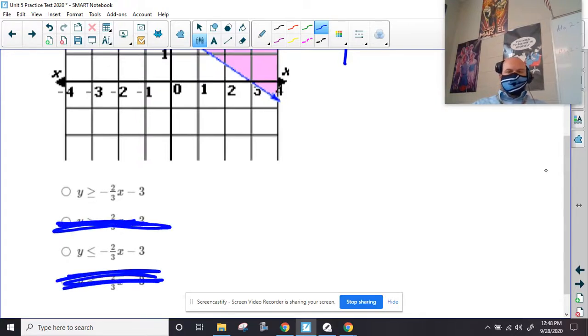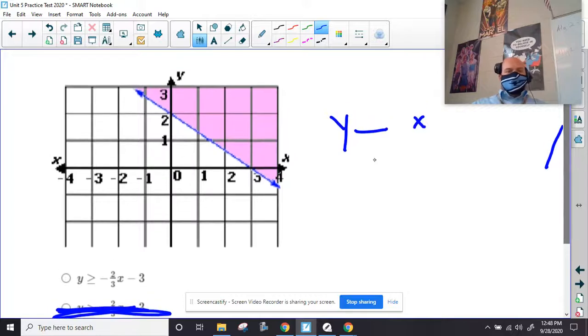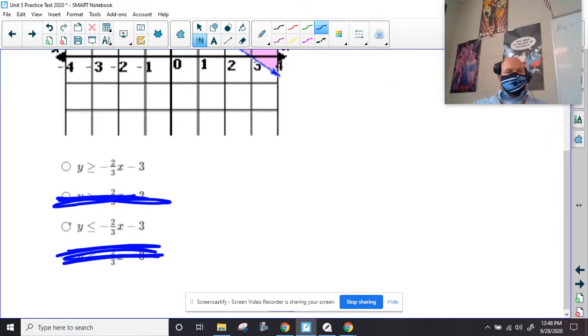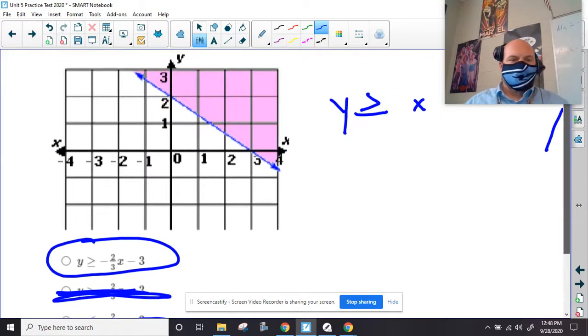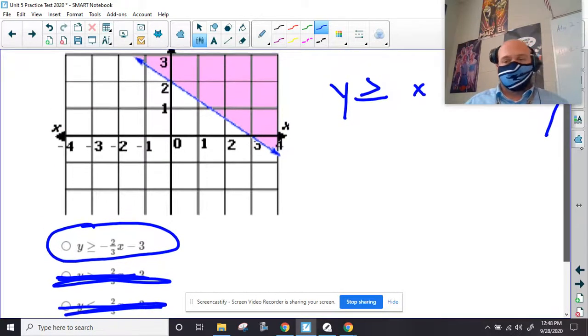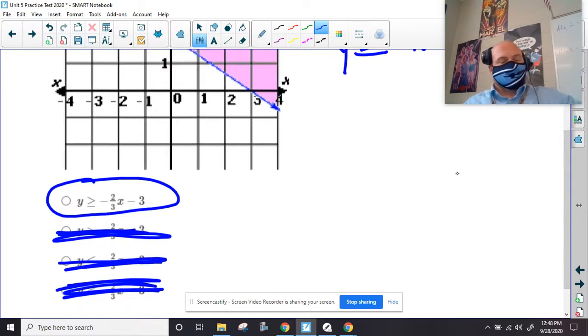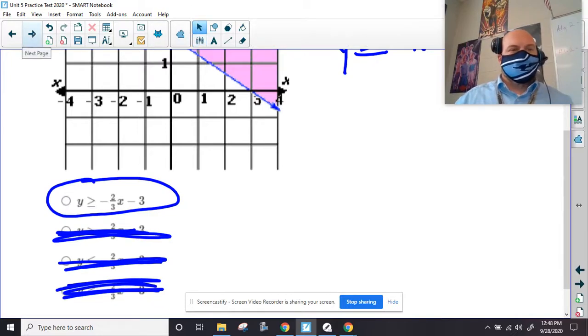These are not a choice. Okay. Is it shaded above or below? Above. So the y is going to be eaten. So that automatically knocks out that choice. So here's your answer. Now you could go through and find that's actually supposed to be a +3, isn't it? Or a +2. Well, I typed it in wrong, so it's okay. So pay attention to that on the test tomorrow. Okay. Wink, wink.